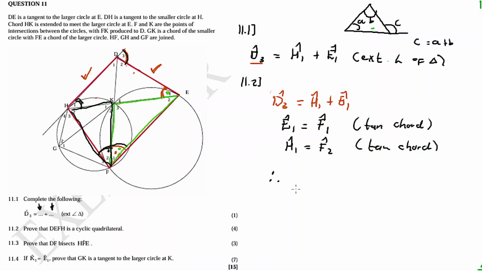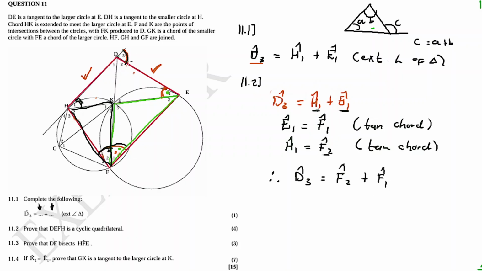So since D3 is equal to H1, and H1 is equal to F2, let me replace H1 with F2, plus E1, which is also equal to F1. Let me replace E1 with F1.